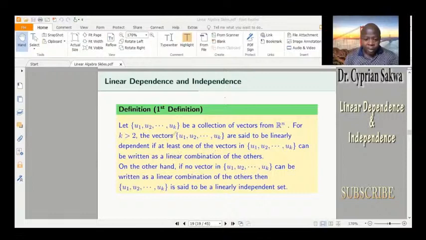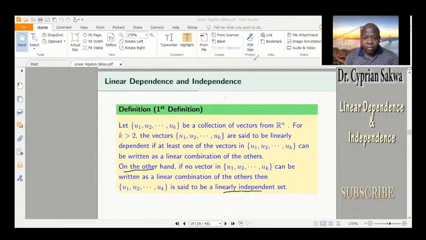Now, if none of these vectors can be written as a linear combination of the rest, then we say that this set of vectors is linearly independent. On the other hand, if no vector in this set can be written as a linear combination of the other vectors, then the set is said to be linearly independent.